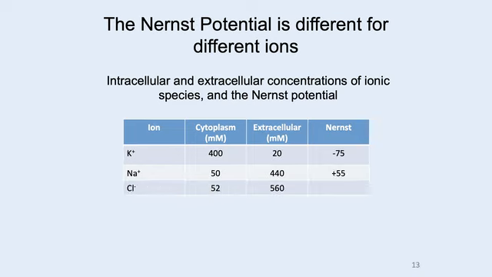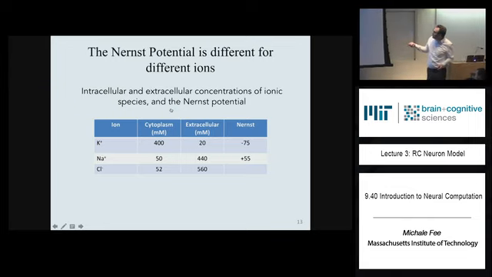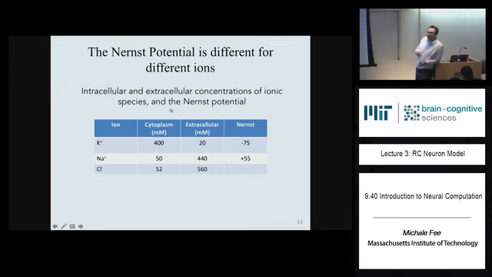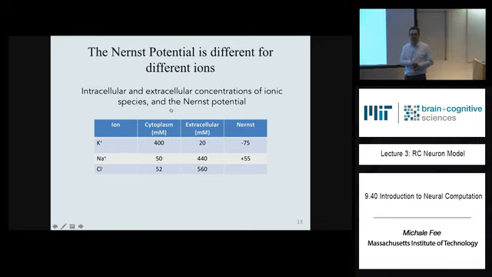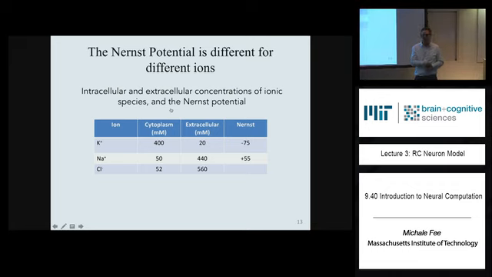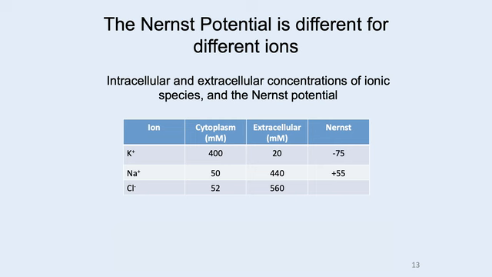So this is interesting. Chloride is a negative ion. It has a high concentration outside the cell and a low concentration inside the cell. So when we open up a chloride channel, what happens to the chloride ions? Which way do they go? Into the cell or out of the cell? Into the cell, good.